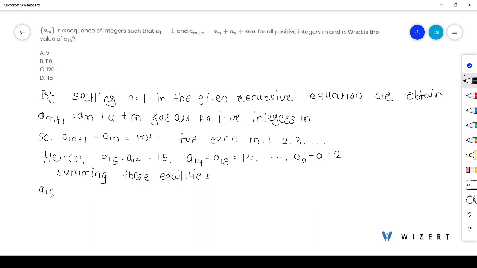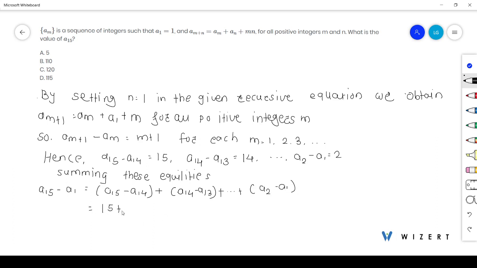we get a_15 minus a_1 is a_15 minus a_14 plus a_14 minus a_13 plus and so on, a_2 minus a_1.